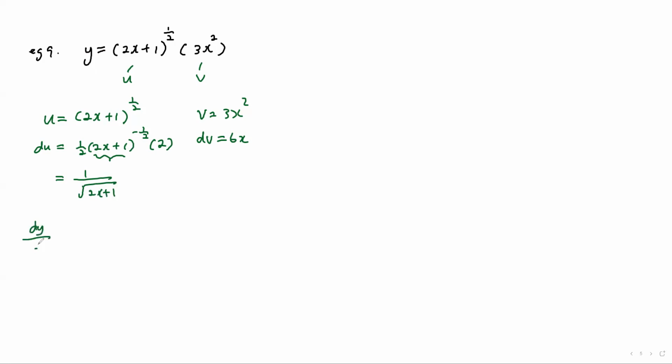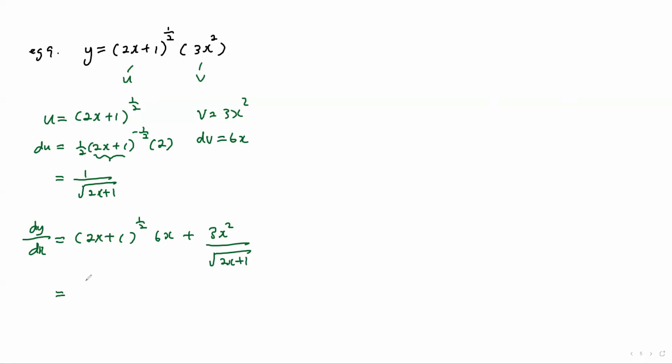Okay, so dy/dx would be equal to u times dv/dx, which is 6x, plus v times du/dx. Okay, so du/dx is 1 over the square root of 2x plus 1. So I can just write it like that.